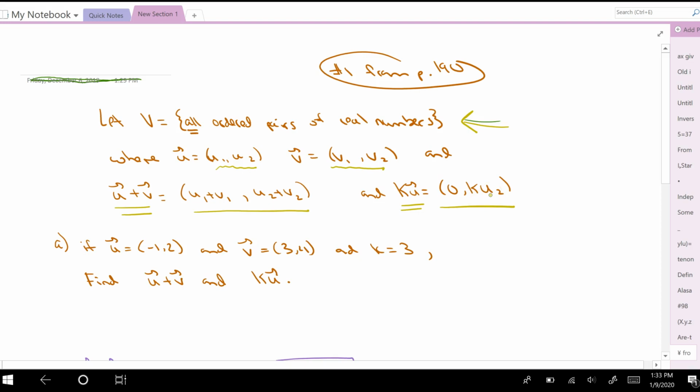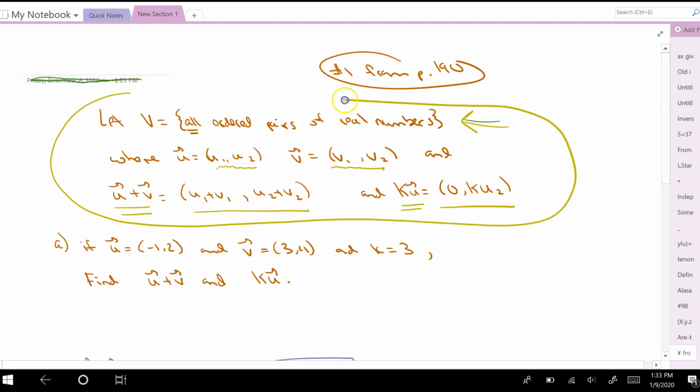So in part A, given a defined set and these two defined operations, find the additive transformation and the scalar multiple transformation on two given elements in the set. And they also gave you a scalar 3. Very straightforward.